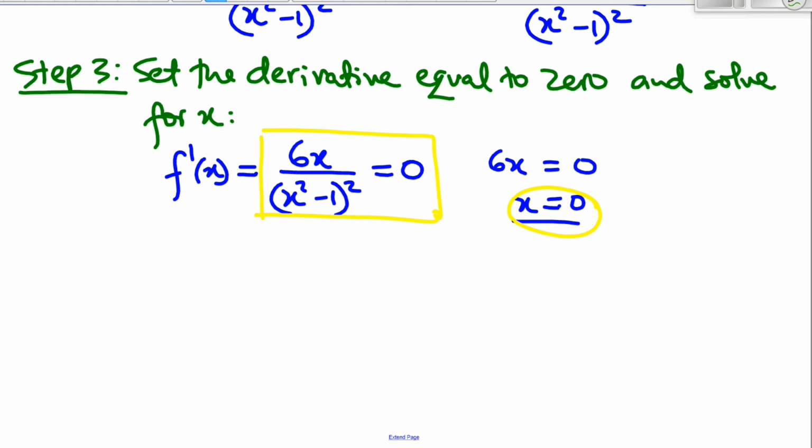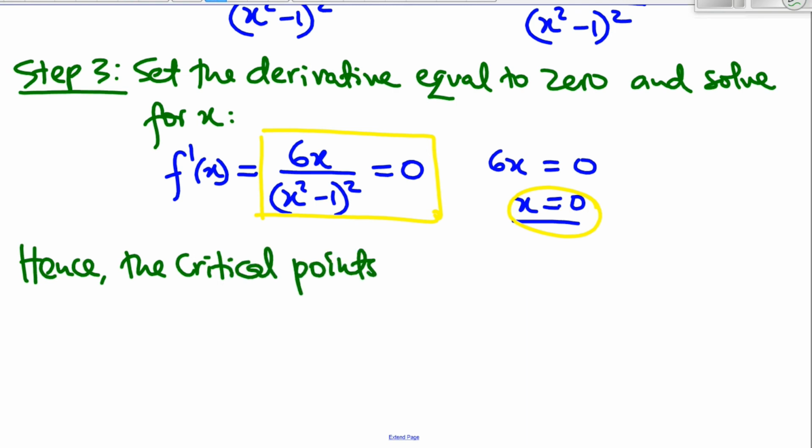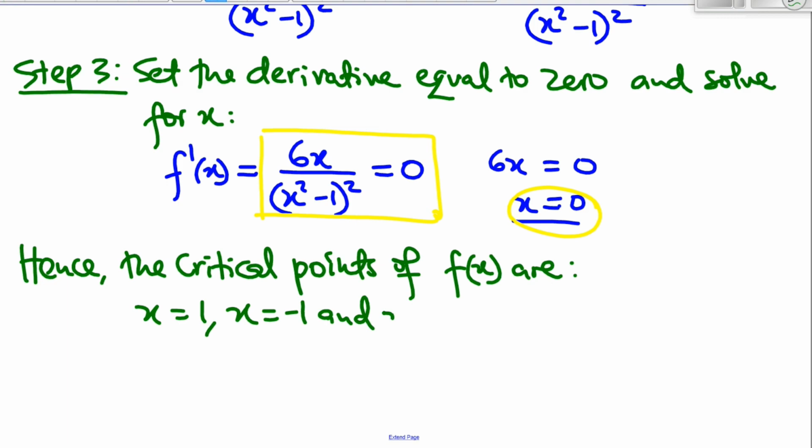So we can say, hence, the critical points of f of x are x is equals to 1, x is equals to negative 1, and x is equals to 0.